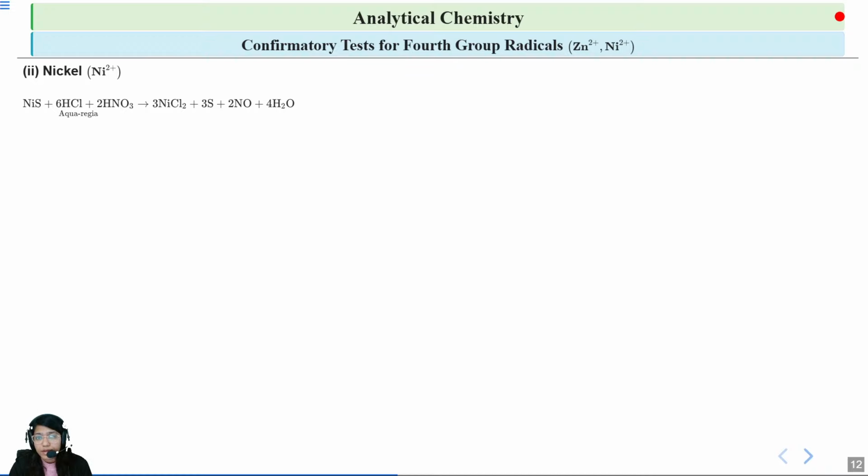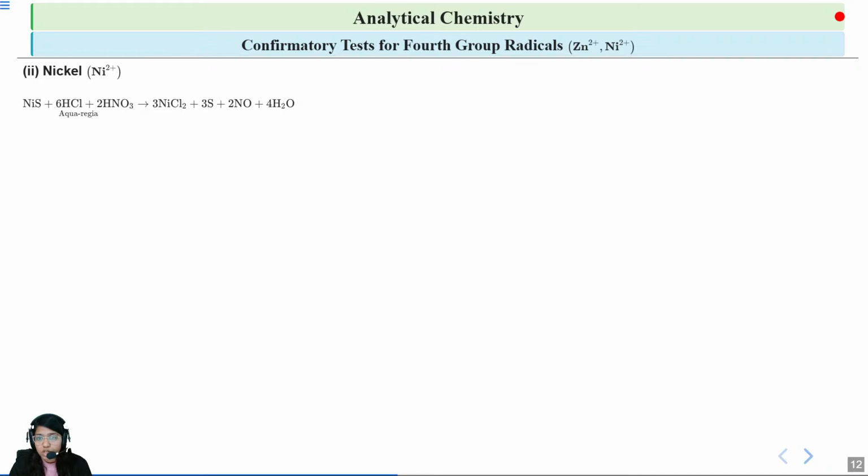being released. In this reaction, nitrate ions NO3- act as a strong oxidizing agent, oxidizing sulfide in NiS to elemental sulfur S, while nitric acid is itself reduced to nitric oxide. So, nitrate ions act as oxidizing agent here. It oxidizes sulfide ions present in NiS to elemental sulfur, while itself it undergoes reduction to nitrogen monoxide or nitric oxide NO. Here, hydrochloric acid provides chloride ions which form complexes with Ni2+ ions, which help in the dissolution process.